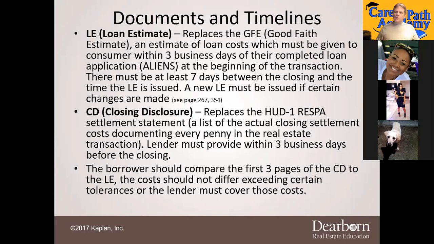Maybe the seller paid taxes in advance, but they're going to be moving out of the house before the end of the quarter. So the sellers are going to be getting some money back, and or maybe the seller didn't pay the taxes and the buyer has to pay them out. So these are some things that could affect those final things, but they would not trigger the reissuance of a new loan estimate.